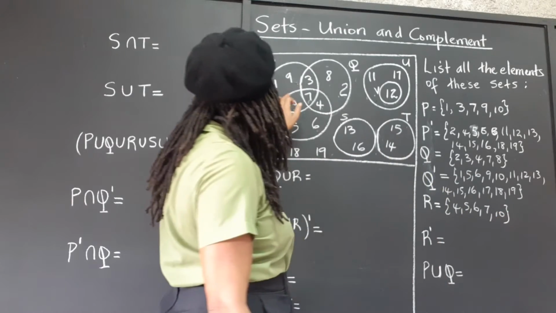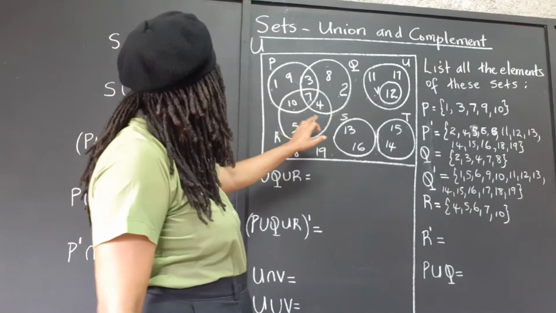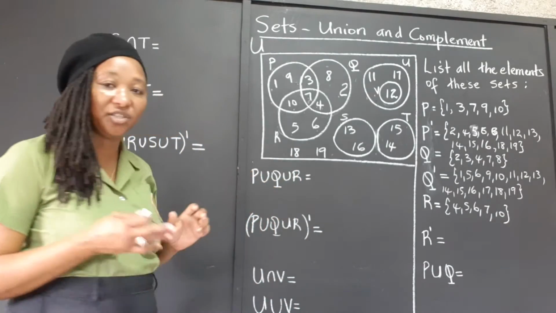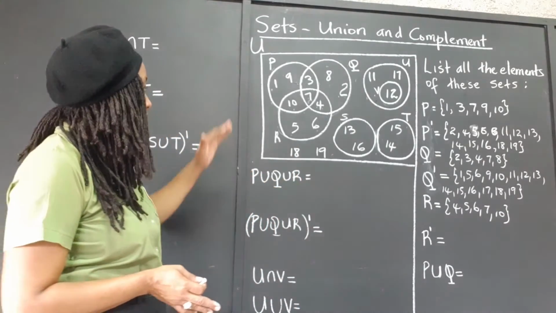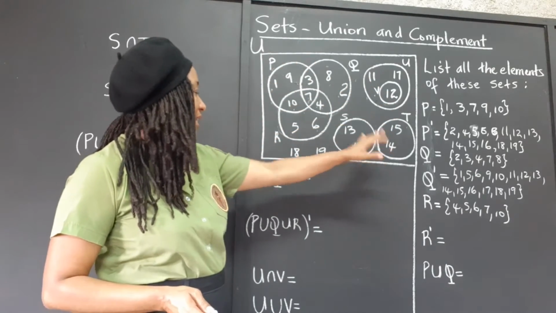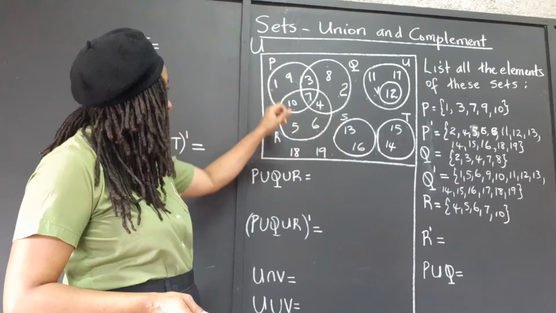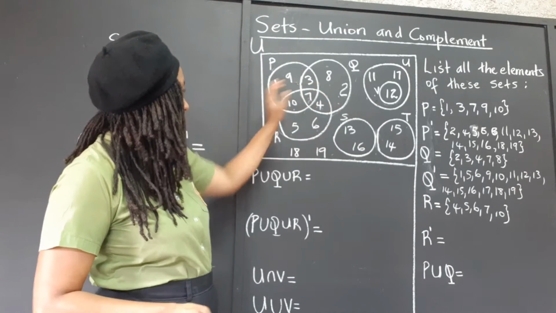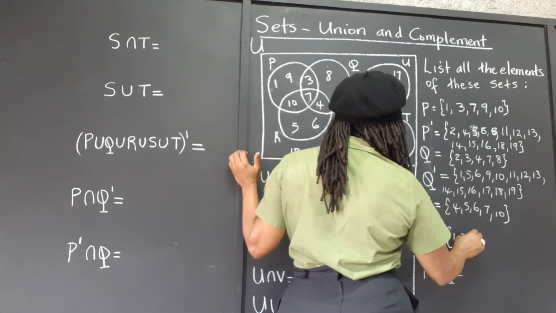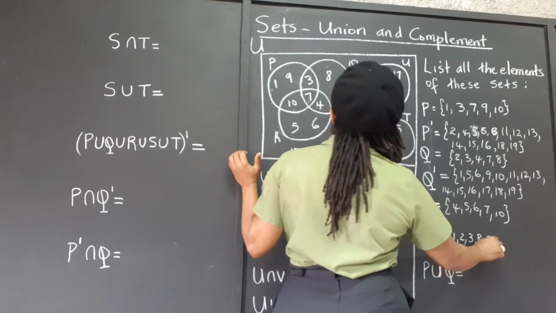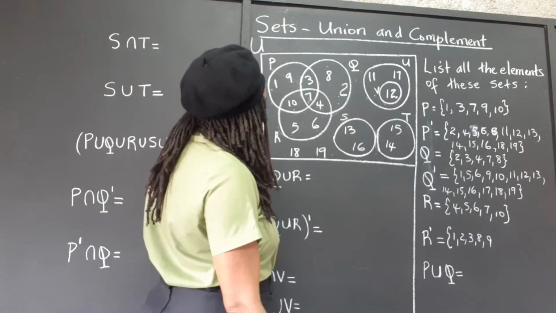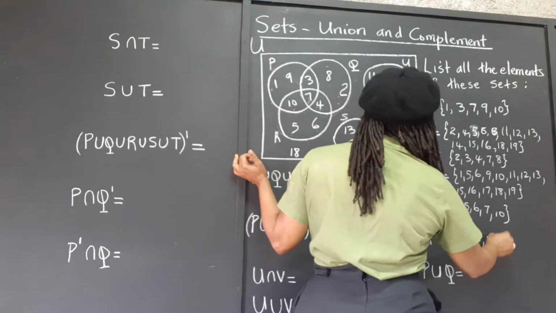That's set R. R complement, what's not in R, will be everything else in the universal set that's not in R. So that's 1, 2, 3, 8, 9, as well as 11, 12, all the way down to 19.